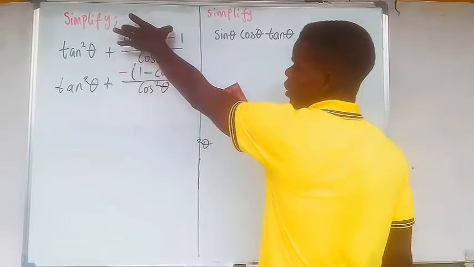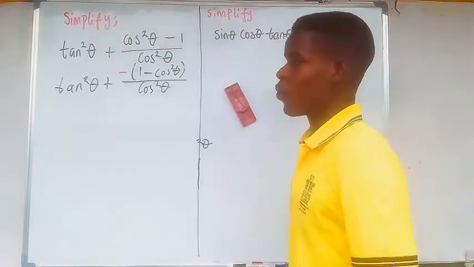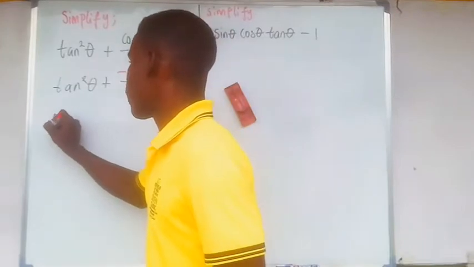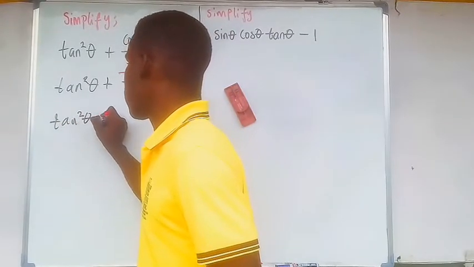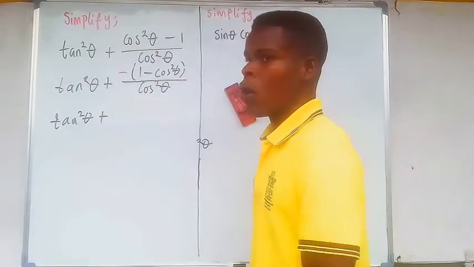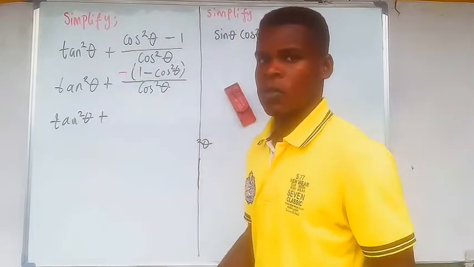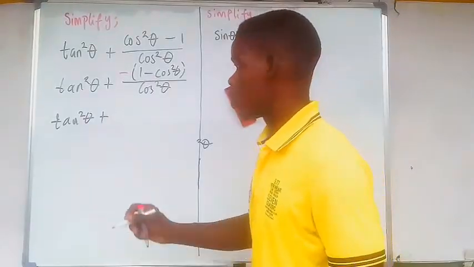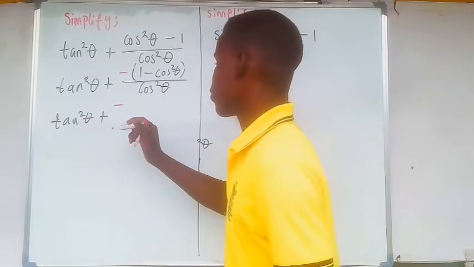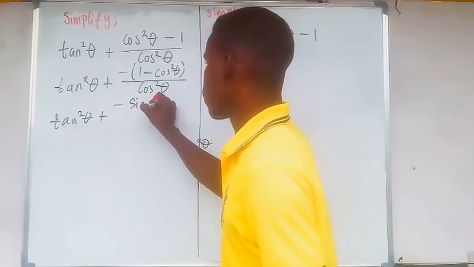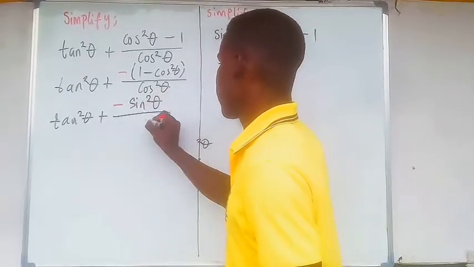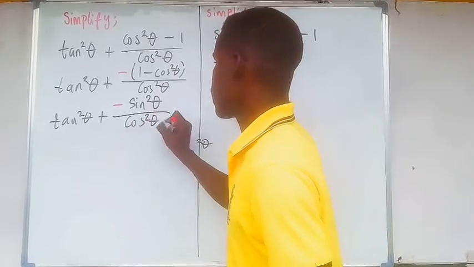So it's the same thing I'm writing here, just another way because of what I want to get. So here we have tangent square theta plus, now 1 minus cosine square theta is what? The result is just sine square theta. So we have minus sine square theta divided by cosine square theta.